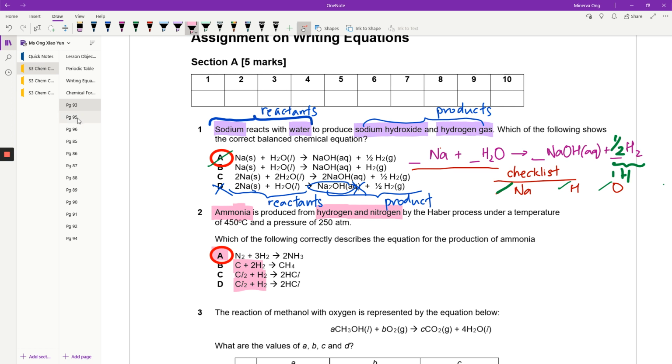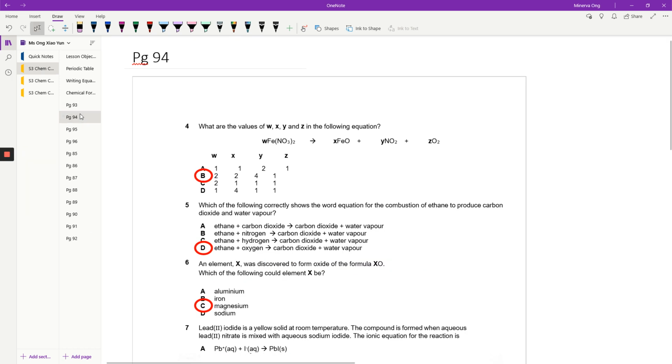Okay, so let's move on to the next question, which is MCQ 5. Question on MCQ 5, word equation. So word equation here, combustion of ethane. You have not learned this in set.